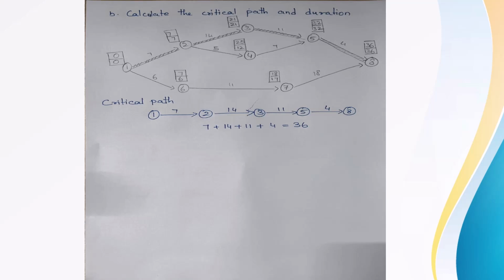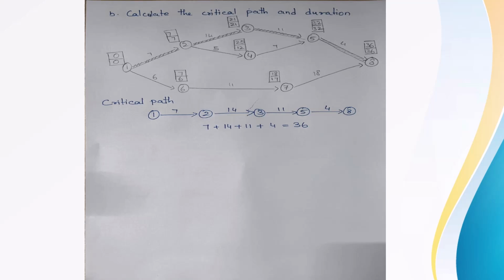Now go to 2 to 3. The EST of activity 2 is 7 and the duration of activity 2 to 3 is 14. So 7 plus 14 is 21. Likewise 2 to 4. The EST of activity 2 is 7 and the duration of activity 2 to 4 is 5. So 7 plus 5 is 12.